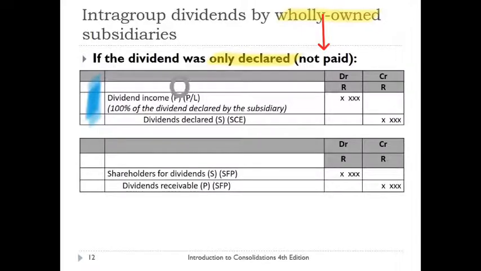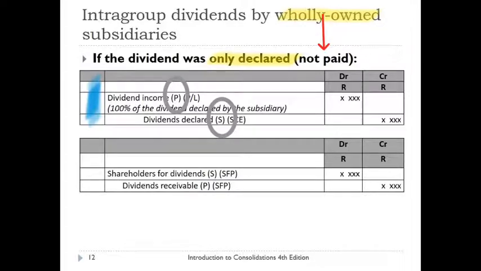Please note that it is the amount coming from the parent's separate financial statements as my starting point that I adjust. The dividend declared that I credit is to eliminate the original debit entry of dividends declared by S. And now you can see that in a consolidation journal entry, again, I can have a line item of the parent eliminating against a line item of the subsidiary.